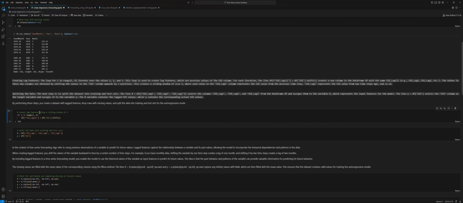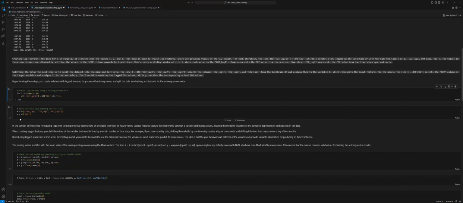So now we are using lag features as a sliding window of three. I split the data into training and test set. In the training set, I have CO2 lag 1, CO2 lag 2, and CO2 lag 3.